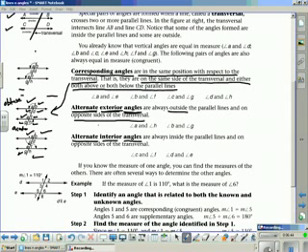Angles A and H are alternate exterior angles. Angle B and G are alternate exterior angles. B is acute, G is acute. A is obtuse, H is obtuse. Alternate interior angles are angle C and F, angle D and E. Alternate interior angles are on the inside of the parallel lines and on opposite sides of the transversal.